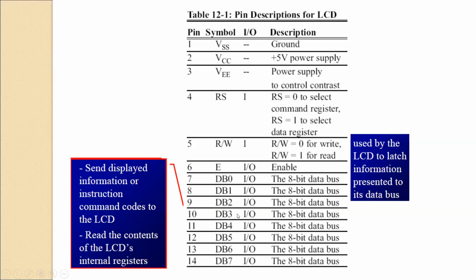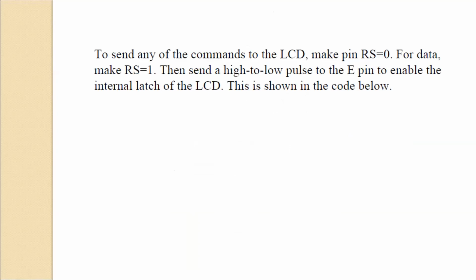Now through these pins we are sending the data, and through the same pins we are also sending the command. But how does the LCD understand whether we are sending data or a command? Because if we send data directly, the LCD cannot understand why we are sending it, or whether it is a character.